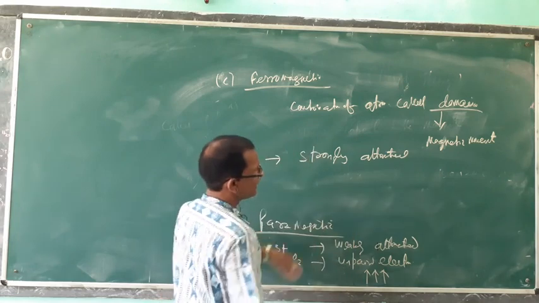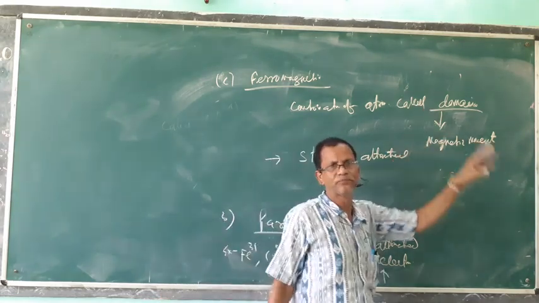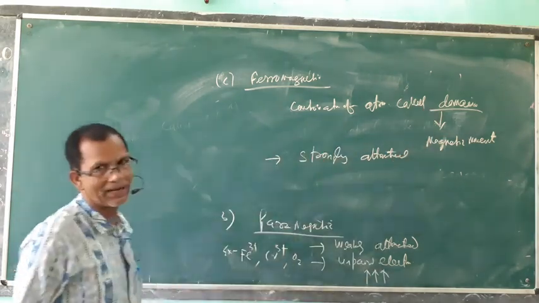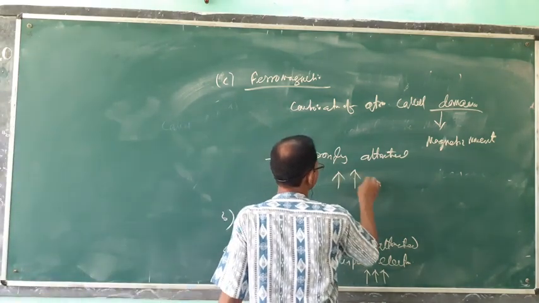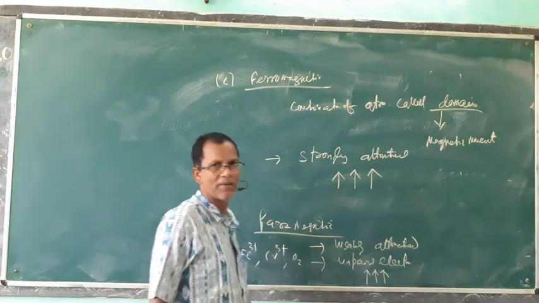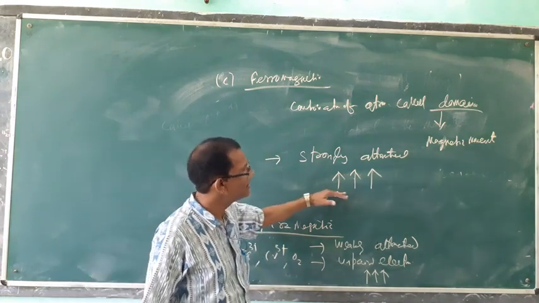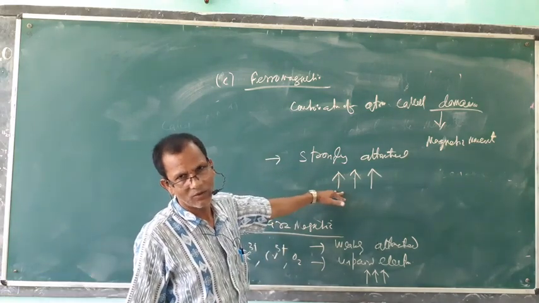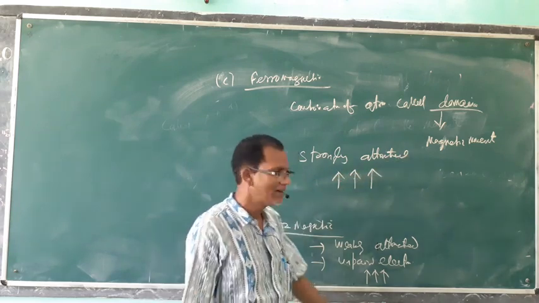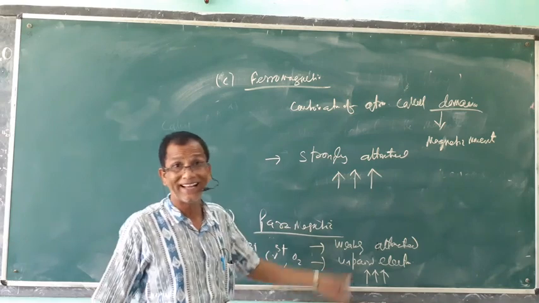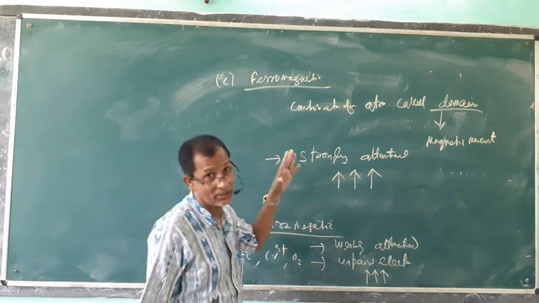And the magnetic moments of the domains will be in parallel alignment, like this. The magnetic moment produced by the domain will be parallel to the external magnetic field.